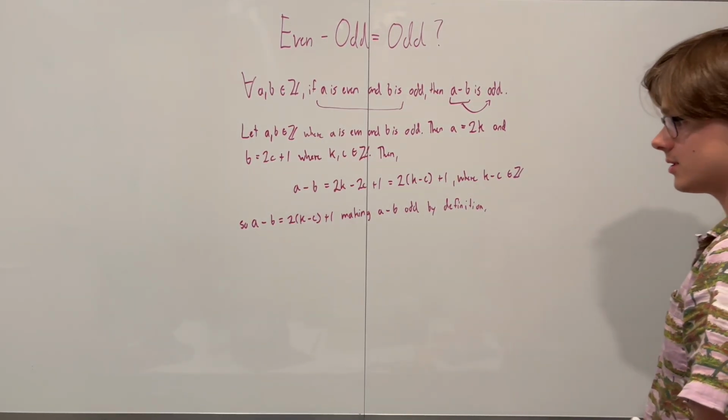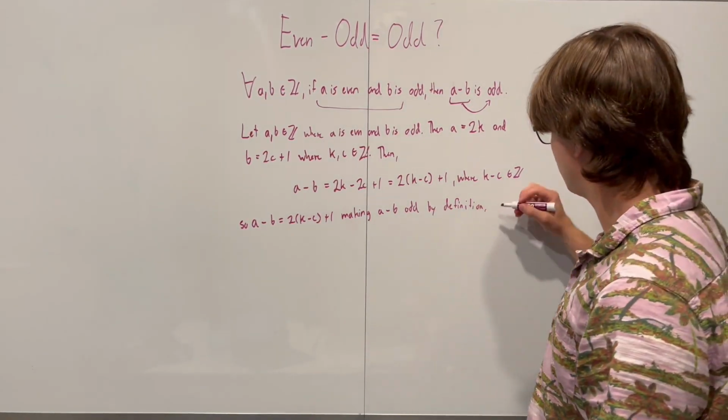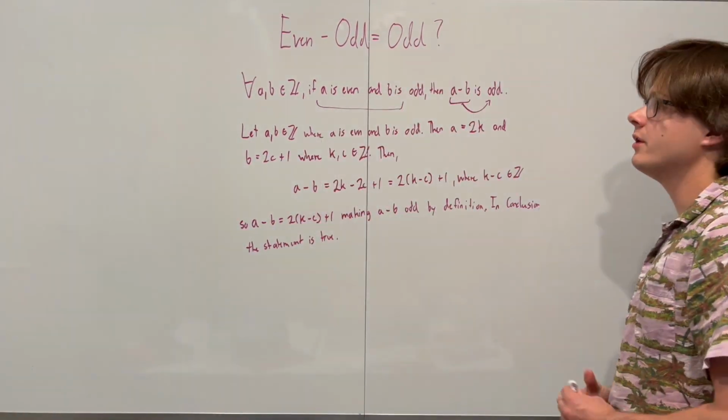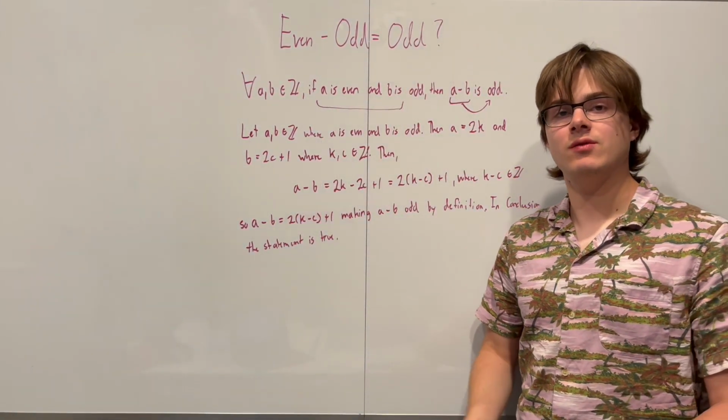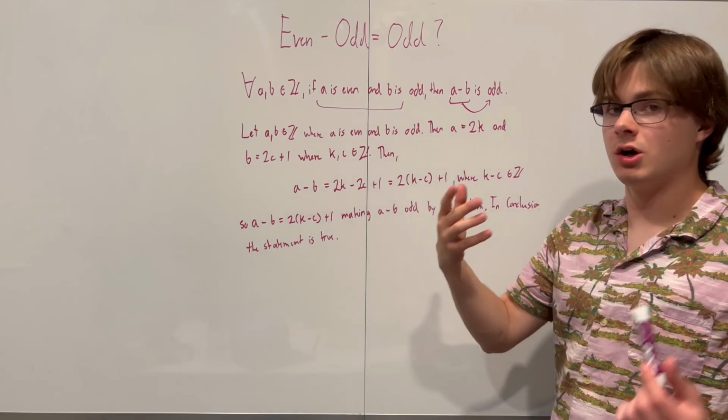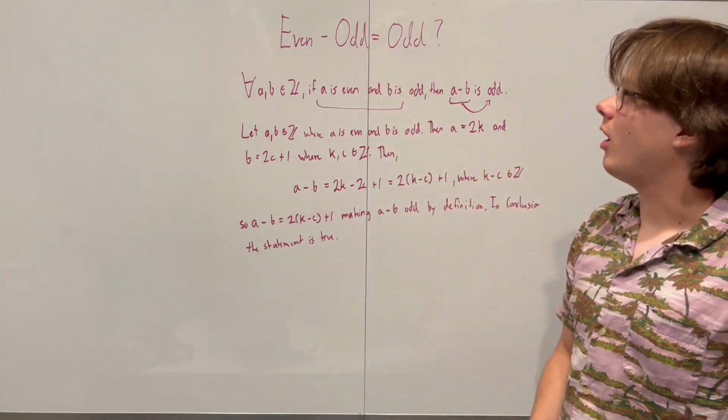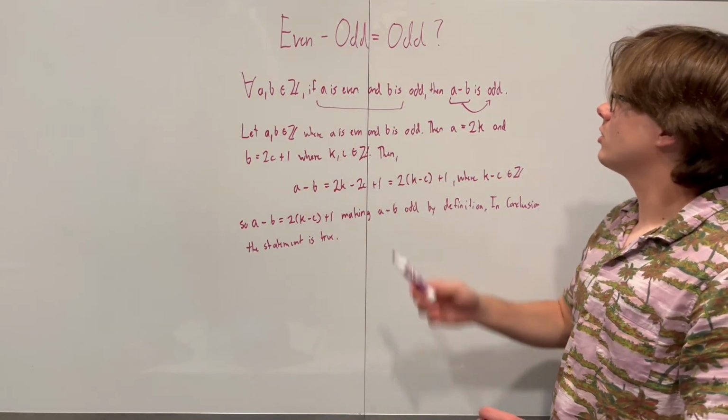Okay, great. And just a quick conclusion. So we've now proven the difference between an even and an odd number, or the sum of a negative odd number and an even number, is always going to be odd.